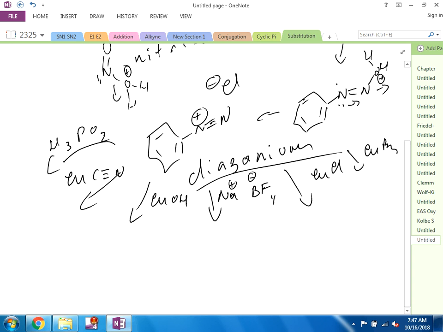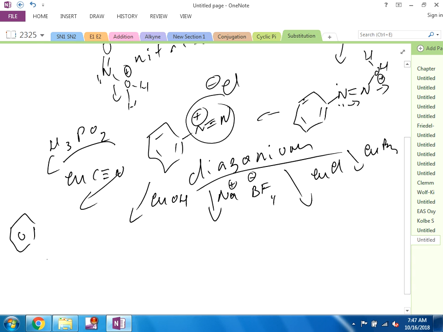So what does the diazonium do with any of these reagents? Well, you just go ahead and replace. With the hypophosphorous acid, that would just make benzene again, right? Now, right now it looks a little ridiculous to convert this because we went through the whole process of doing that, but we're going to use that pretty soon.